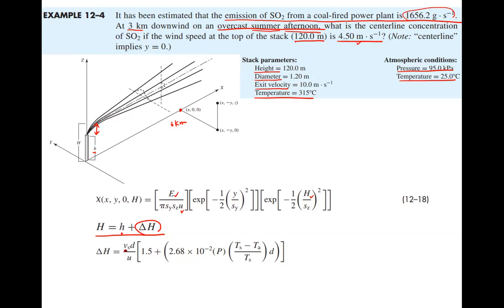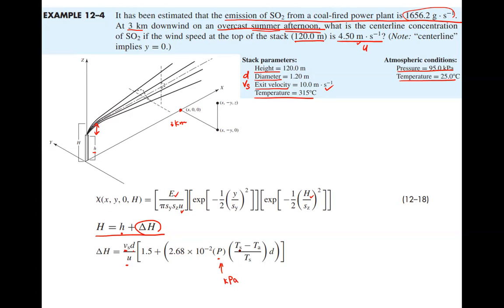The Vs is the smoke exit velocity. The D is the diameter of the stack. U is again the wind velocity. P is the atmospheric pressure, and when you plug in the numbers, P should use the unit of kilopascal.